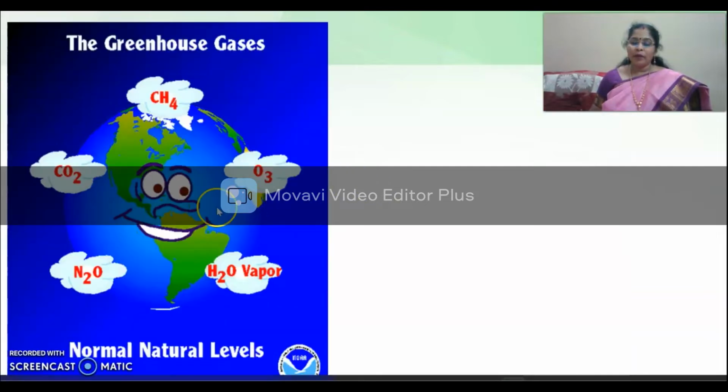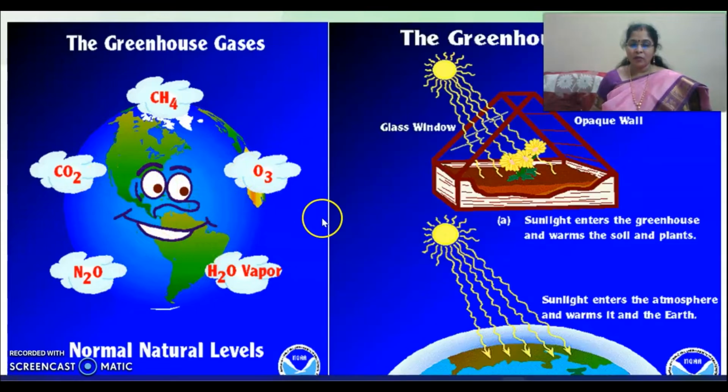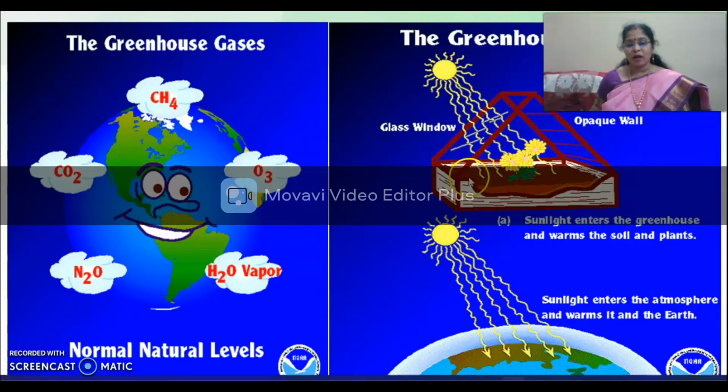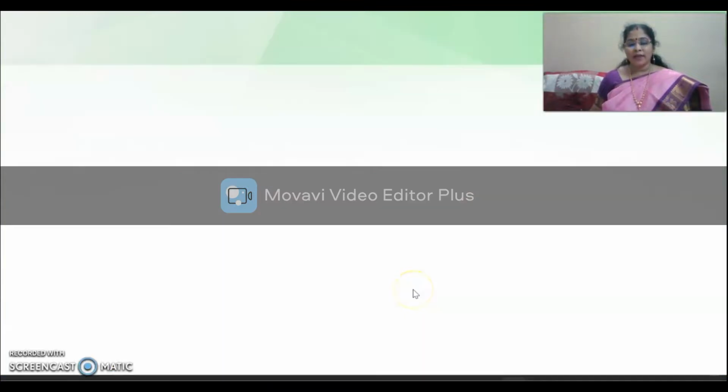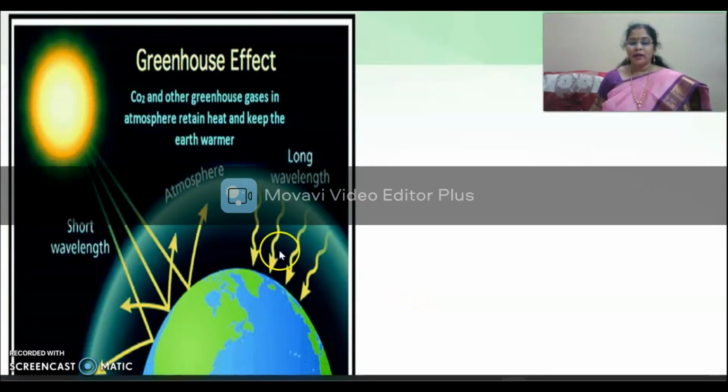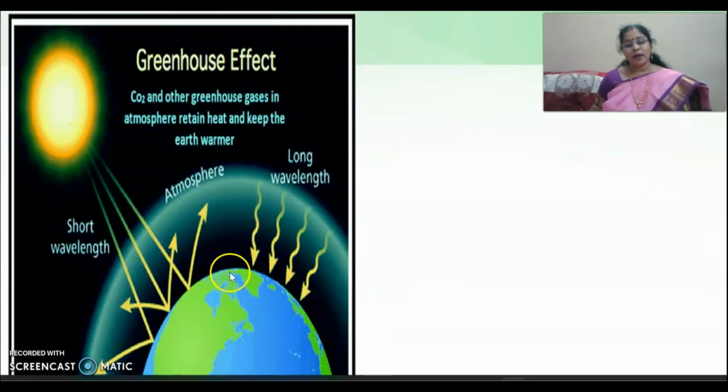The Mother Earth is provided with a layer of gases called greenhouse gases, which serve like the glass of the greenhouse. So these greenhouse gases protect the Mother Earth by absorbing the solar energy as well as preventing the solar energy from going back to the space, by which they are providing warmth to the Mother Earth.